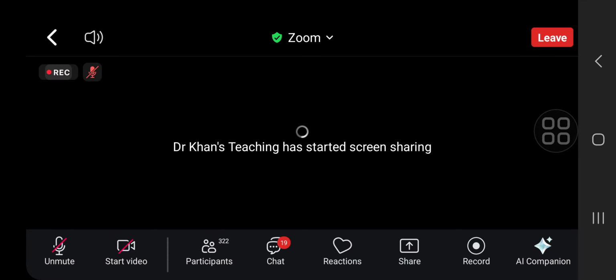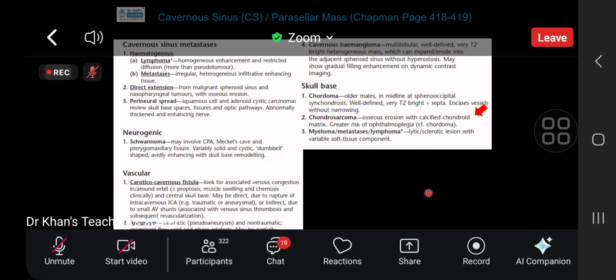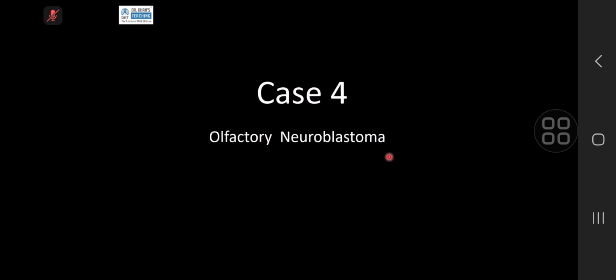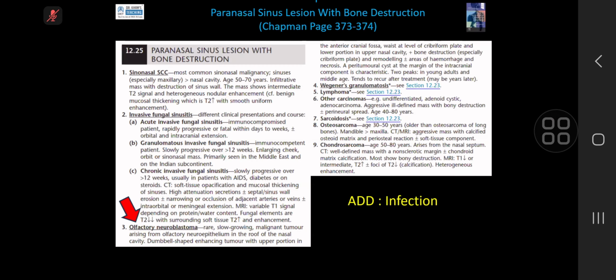So now let me take you through this. Olfactory neuroblastoma, or whatever you want to call it. It is a rare, slow-growing malignant tumor arising from the olfactory neuroepithelium in the roof of the nasal cavity.